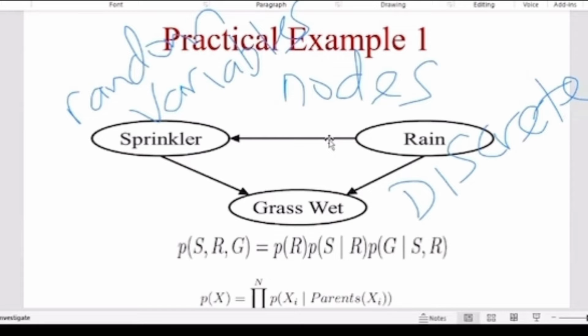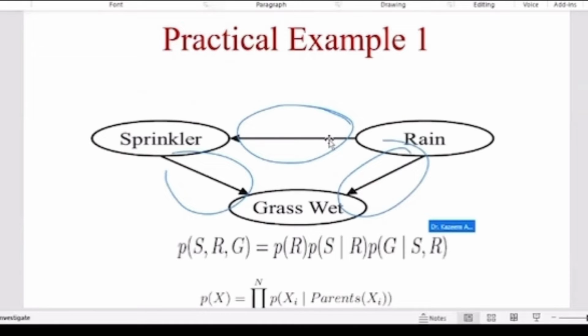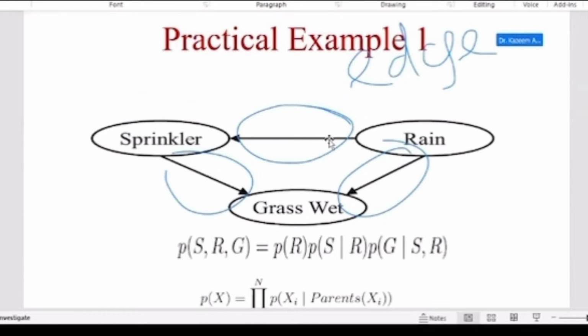What about the edge? This guy actually represents the edge. And what is the function of the edge? The edge indicates probabilistic dependencies or probabilistic relationships.